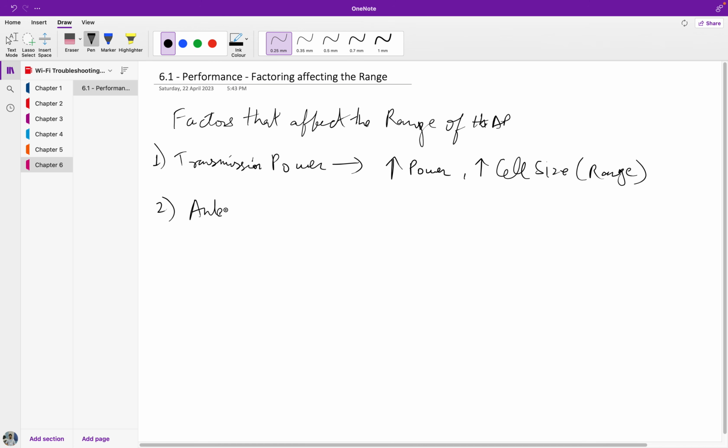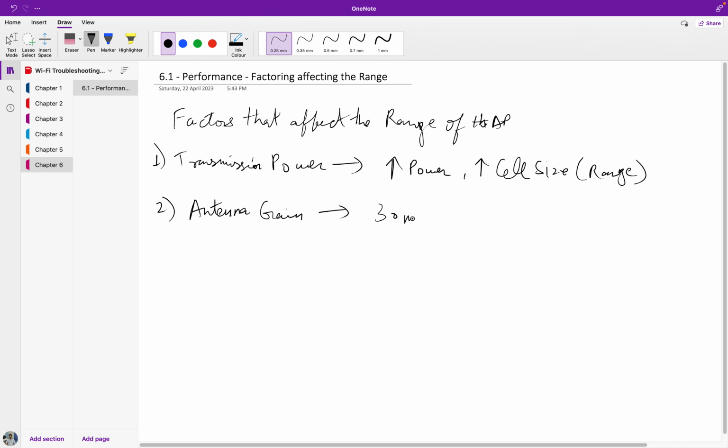The second factor that can contribute is the antenna gain. A lot of folks don't make much use of this, but it's very important to understand what this means. An access point transmitting at 30 milliwatt with a 6 dBi antenna gain will have a greater range than the same access point transmitting at 30 milliwatt with a 3 dBi antenna gain, right?